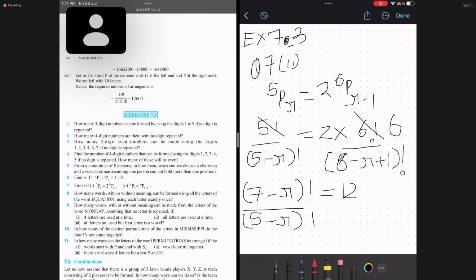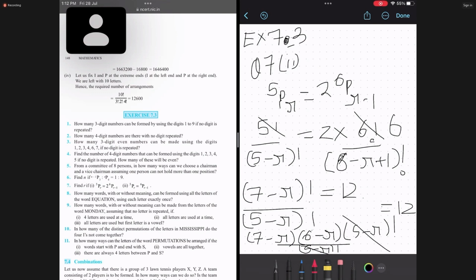Just remember this. If we need to divide this by (5 minus r) factorial, we can expand this, right? So this will become (7 minus r) into (6 minus r) into (5 minus r) factorial upon (5 minus r) factorial is equal to 12.